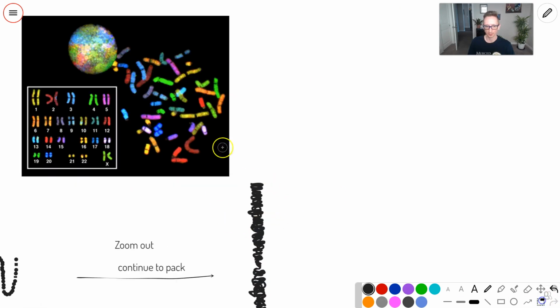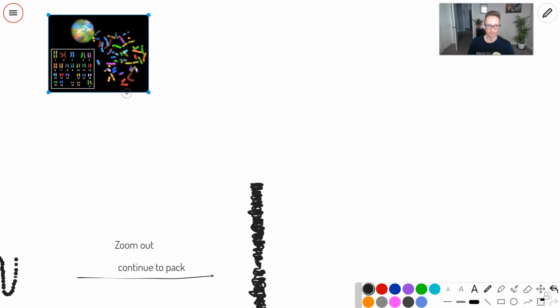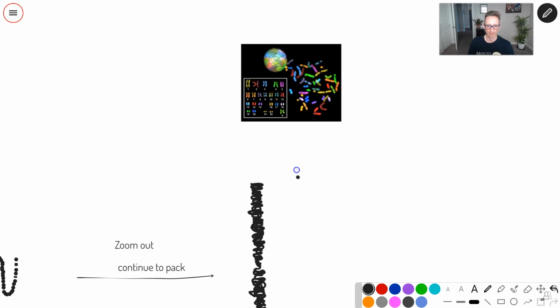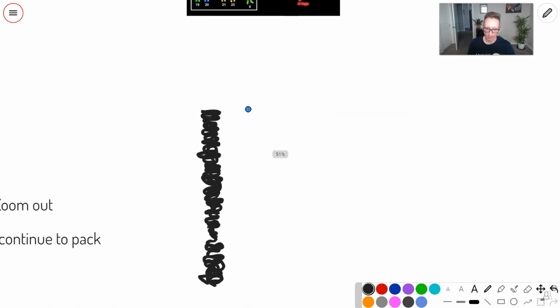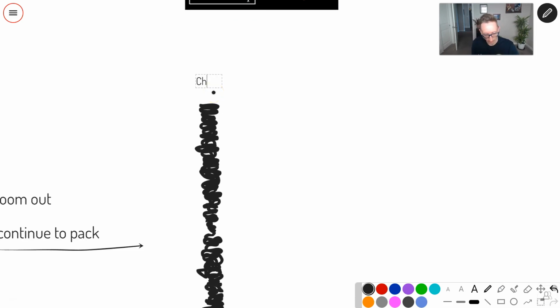So this is a chromosome. All right, so this is a chromosome. And this stuff is really confusing. This is a chromosome. All right. And what we're going to do before we divide a cell is we're going to make a copy of it.